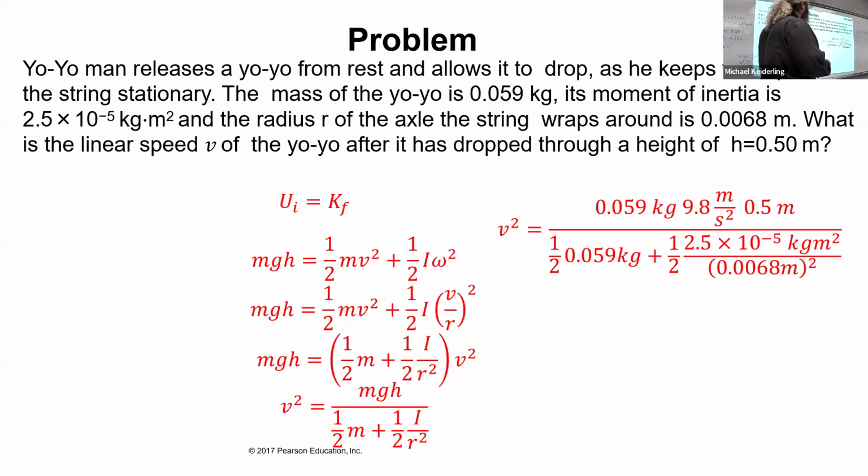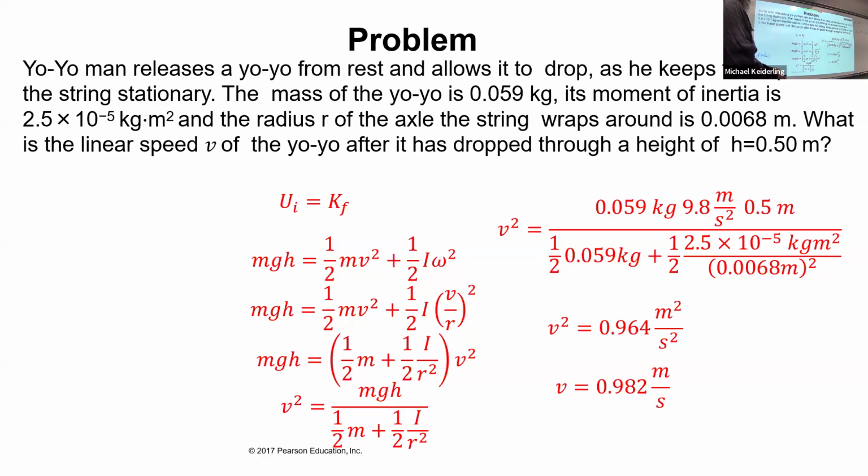0.059 kilograms times 9.8 meters per second squared times 0.5 meters over 1/2 times 0.059 kilograms plus 1/2 times 2.5 times 10 to the minus 5 kilogram meters squared over 0.0068 meters squared. Which is, v squared ends up being 0.964 meters squared over second squared.